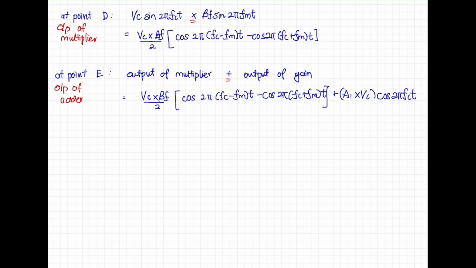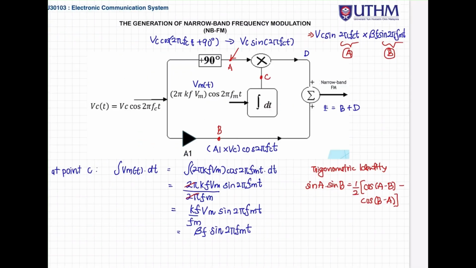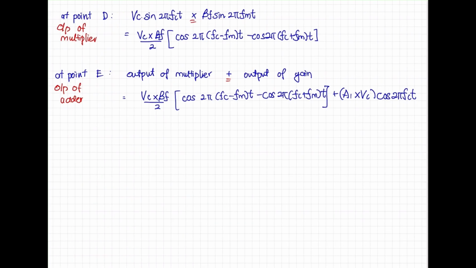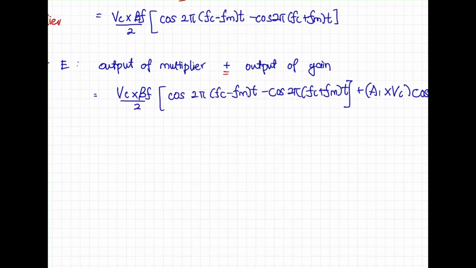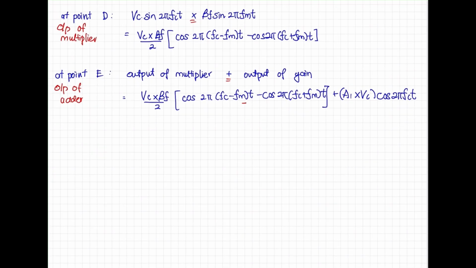We can observe the resultant equation at point E, the last point of this system. Let's call them the first term, second term, and third term. The first term consists of the frequency component fc minus fm, which relates to the lower side frequency.